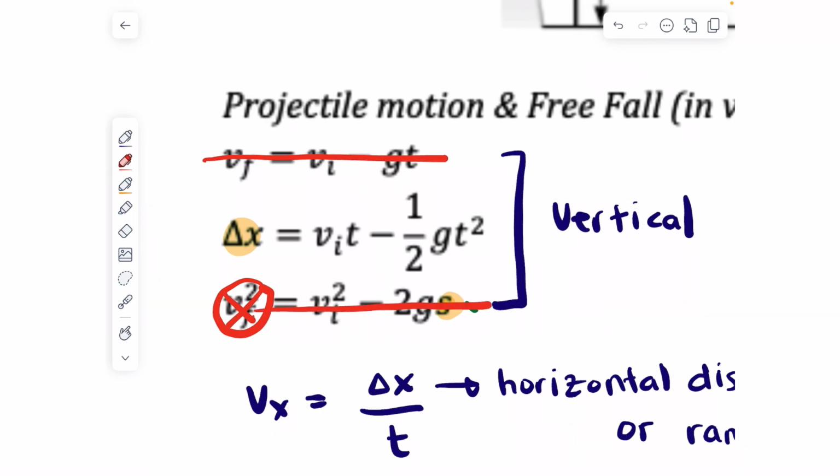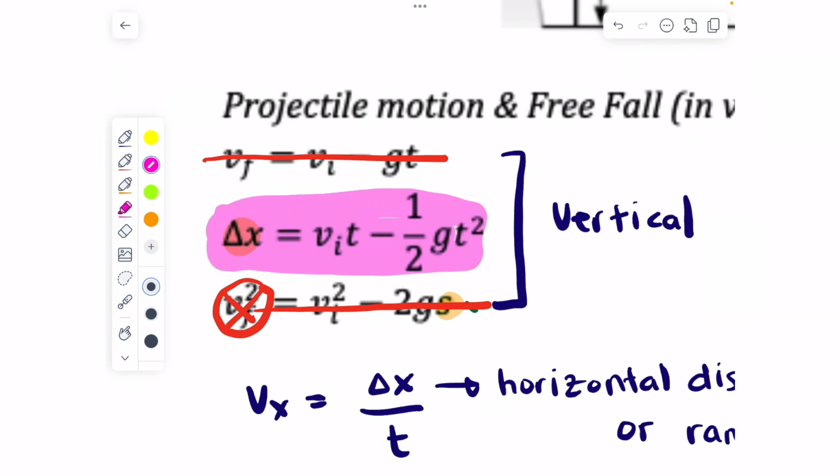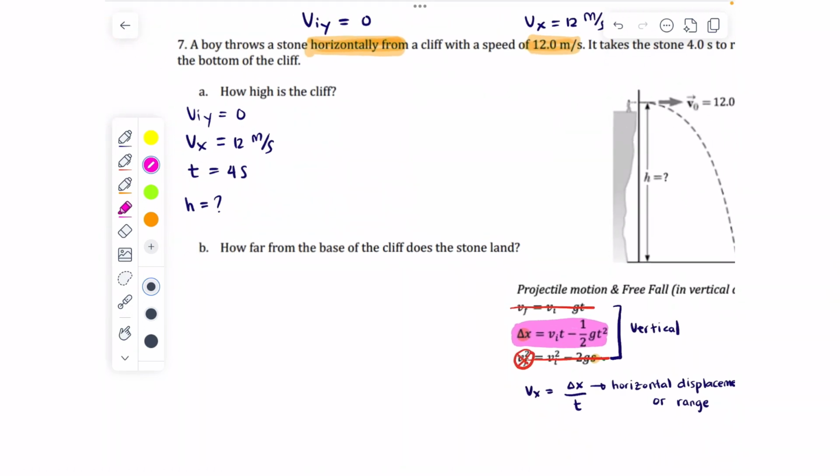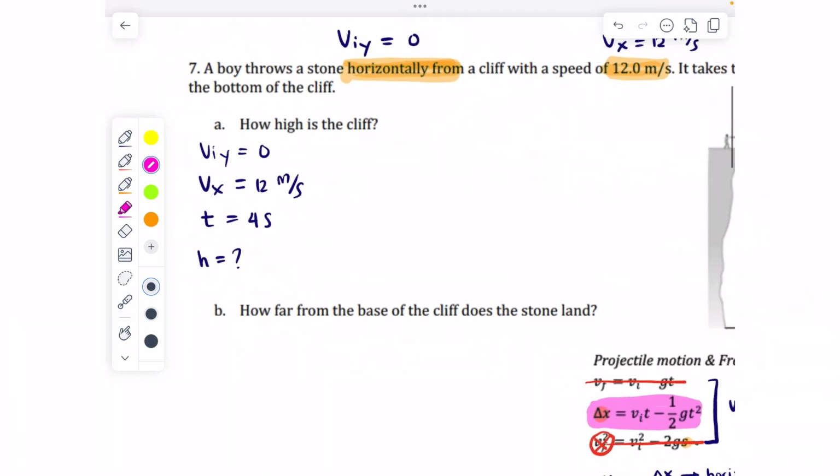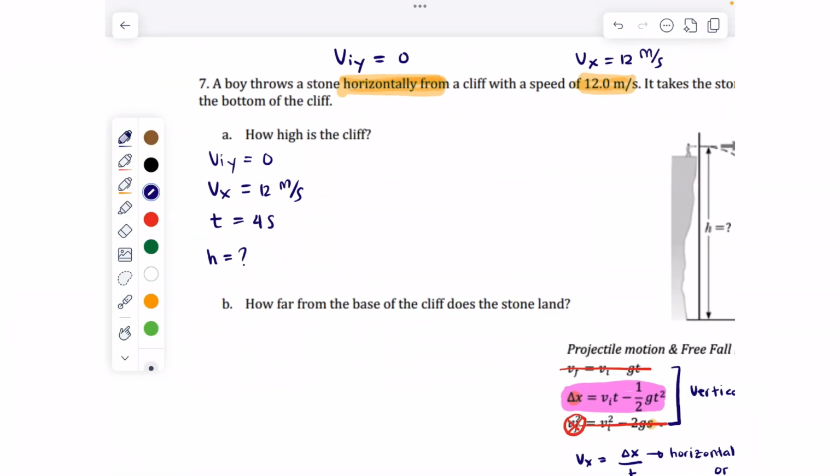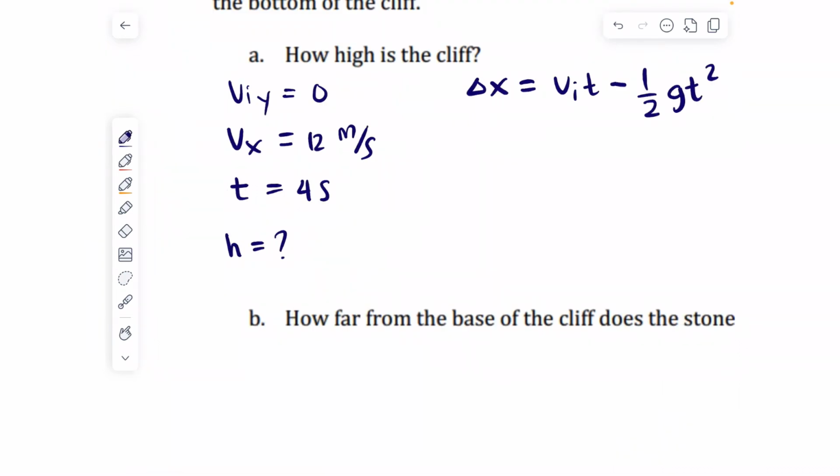That means the equation that is most appropriate to use to solve this problem is the second one. So let's write that down. We have delta x is equal to ViT minus 1/2 GT squared. Once again, I repeat that this h here that we are trying to solve for is actually related to the symbols delta x and s.